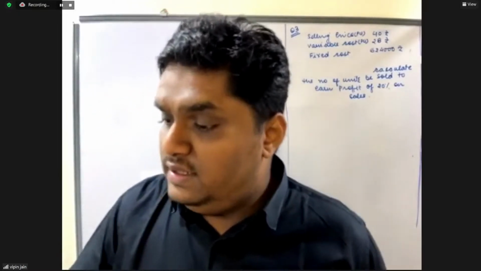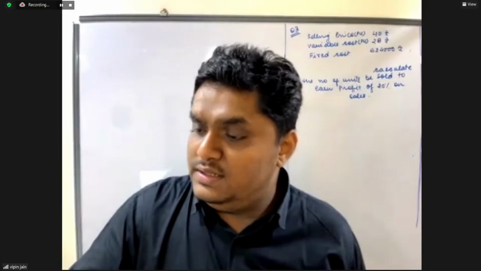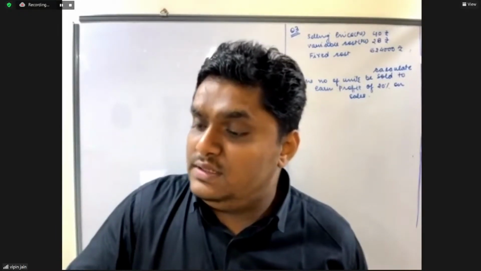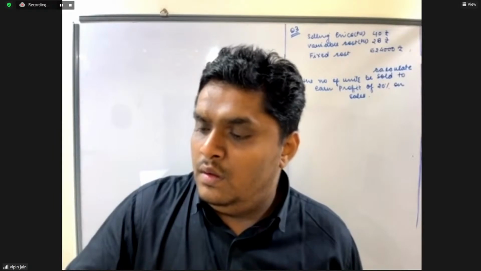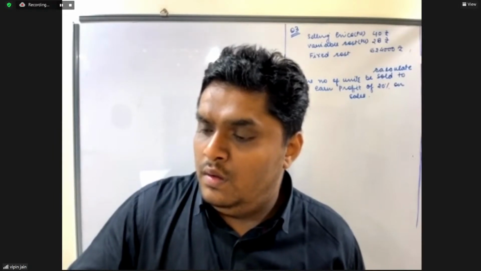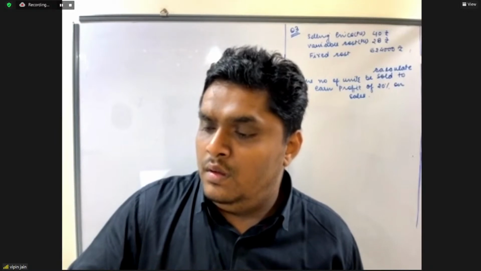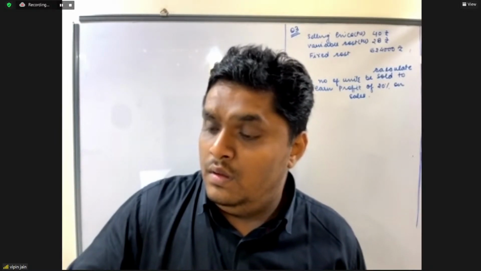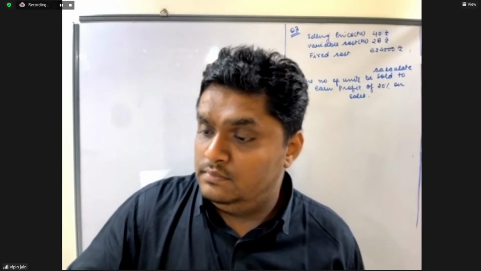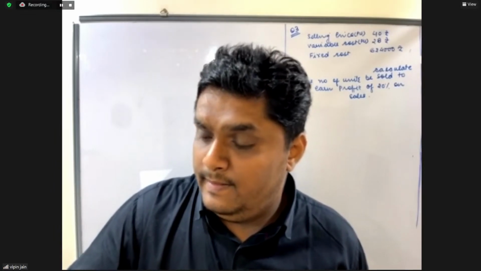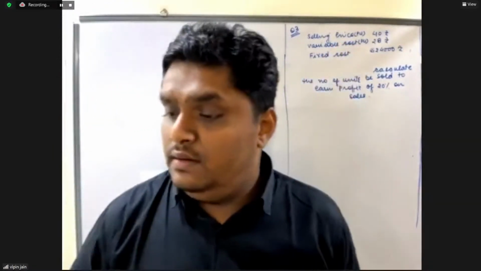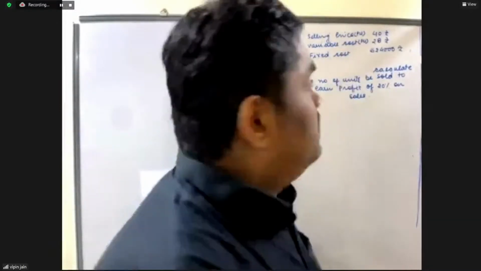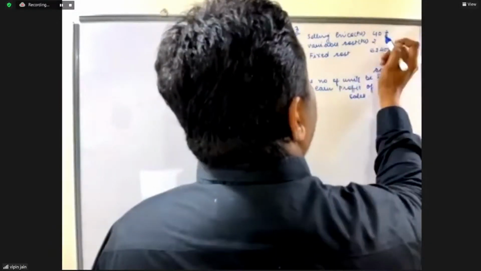Rest everyone, waiting for your answers, guys. Okay, so Darshan, your answer is correct. Very good. Arunima Sinha, your answer is correct. But I want the answer in units rather than rupees. Variable cost is 28, Kavita. Sorry, Manisha. This is 28.